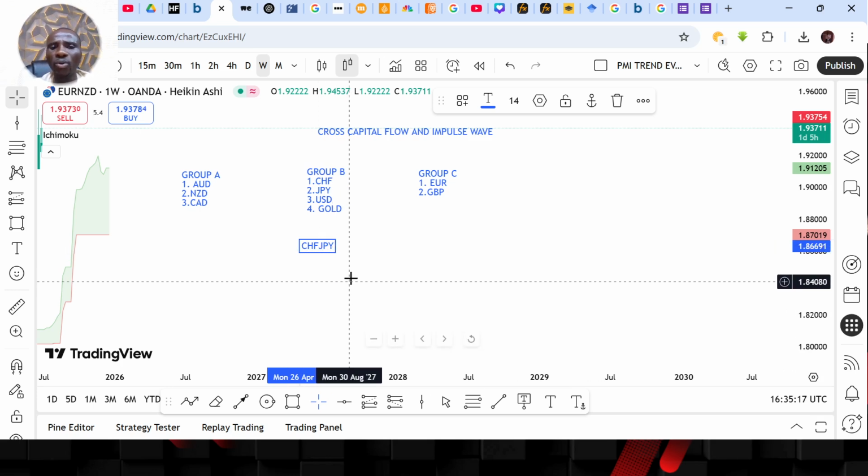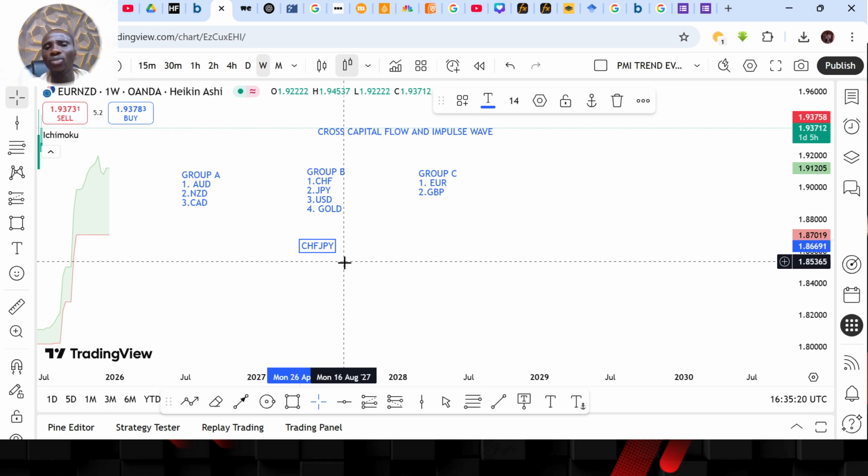CHF JPY will only give you an impulse wave either to the upside or to the downside, provided that there is cross capital flow.